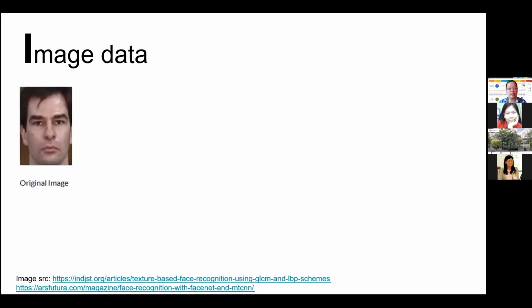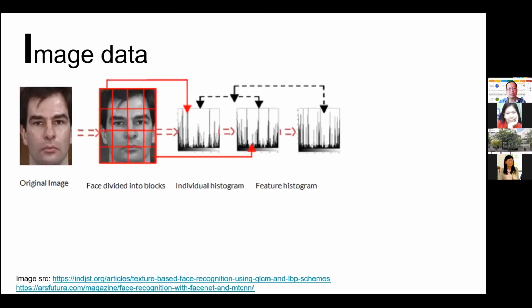Now let's look at the image. Let's say we have a face of a person. Then we try to extract some numbers from this picture. There are different functions of x that transform this picture into numbers. An example would be to create small squares of different parts of the picture and look at the histogram of the intensity of the color.